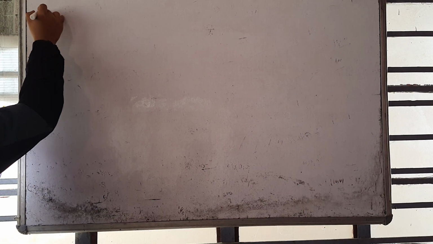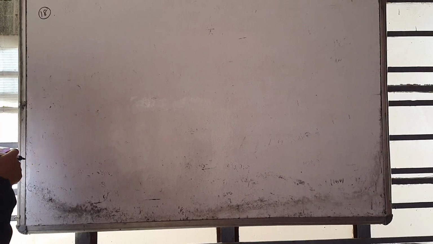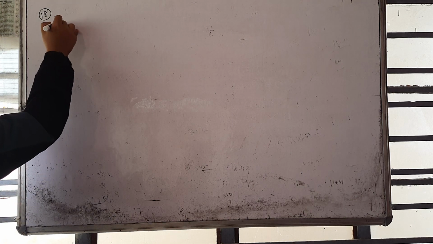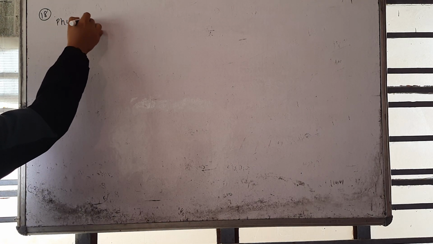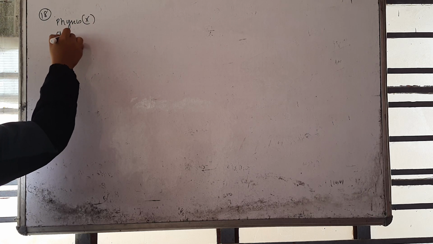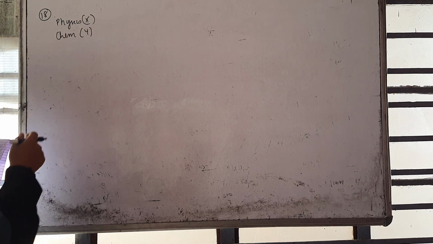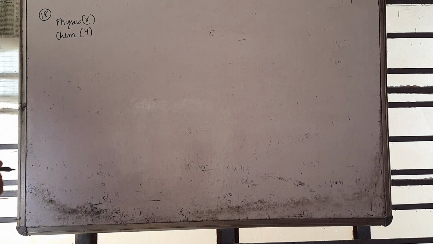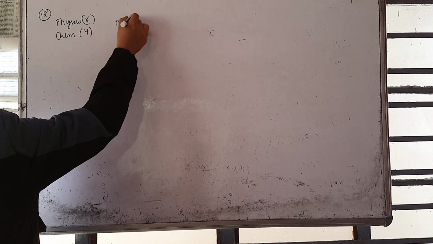Now, next, question number 18. Look at the line of regression: marks in physics and marks in chemistry. So physics they have denoted by x, and chemistry they have denoted by y. For a class of 50 students, that means n equal to 50.